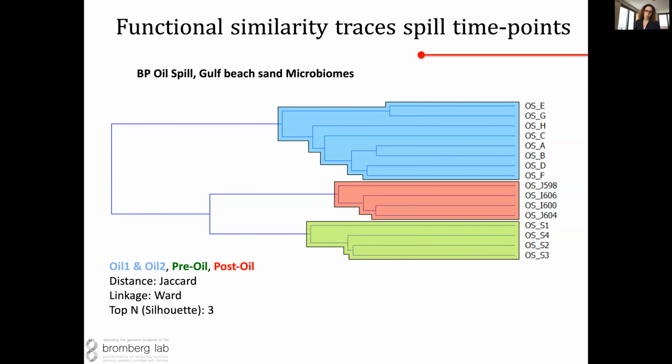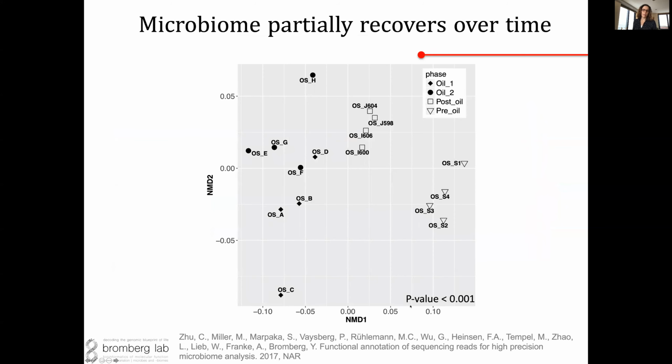Another thing that we could do is potentially look at these vectors mapped into a reduced dimensionality space, like here. This is the non-metric multidimensional scaling, and what you see here is a two-dimensional representation of all the samples that we had for the different phases of the BP oil spill. What you see here is the samples that came from the pre-oil spill.